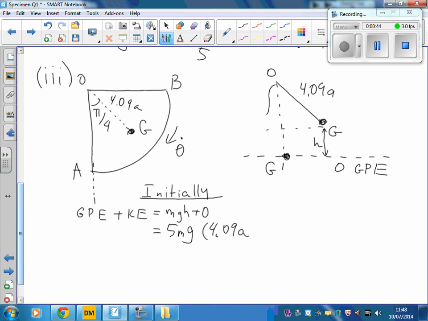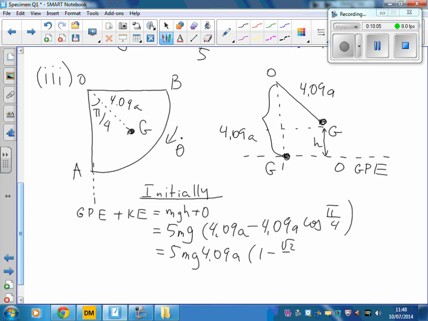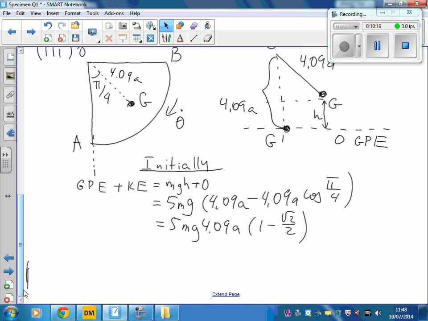So that's distance here, 4.09a, take away 4.09a cos pi over 4, which will give you 5mg times 4.09a times 1 minus root 2 over 2. And that's the initial mechanical energy of the system.